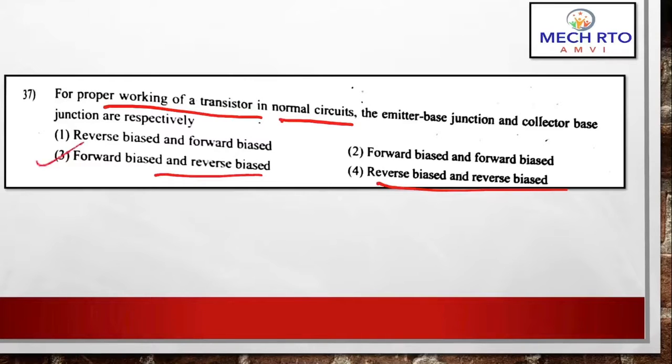So as you can see here, I'll just give you the broad classification, which is very important from your RTO examination perspective, right? So this is your broader classification: mode, emitter base junction, collector junction, and application.